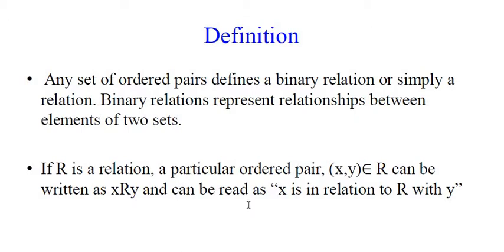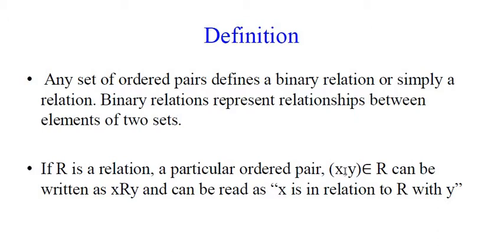If R is a relation, a particular ordered pair (x, y) that belongs to that relation can be written as x R y, and can be read as x is in relation R with y, or x is in a relation with y through R, like this.